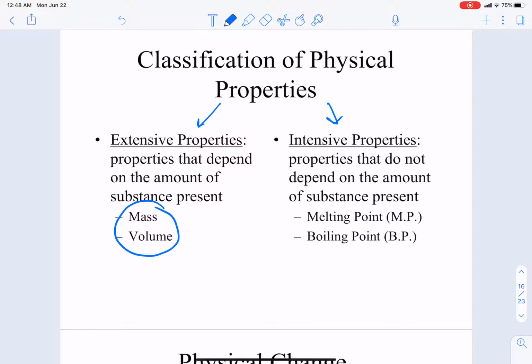And intensive properties are properties that don't depend on the amount of substance present. So water boils at 100 degrees Celsius. That's the boiling point for water. And it doesn't matter if you have 1 liter of it or 4 liters of it. It's still going to boil at 100 degrees Celsius.